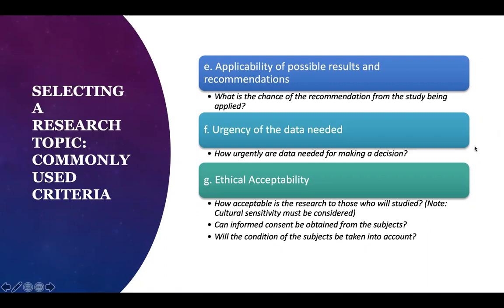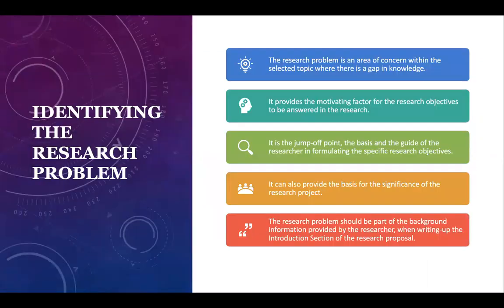So now we have identified the research problem. The research problem is an area of concern within the selected topic where there is a gap in knowledge. It provides the motivating factor for the research objective to be answered in the research.